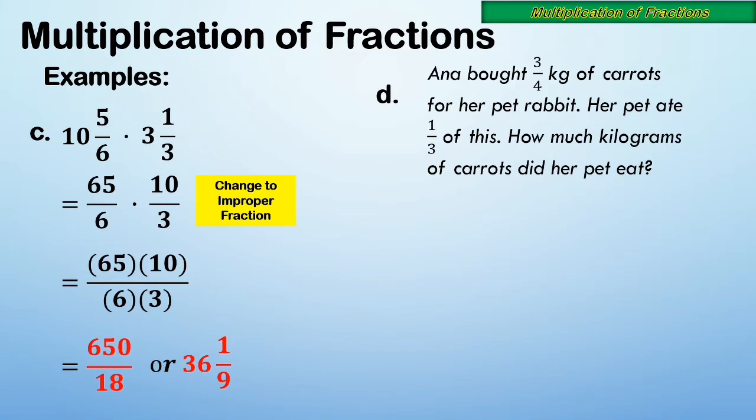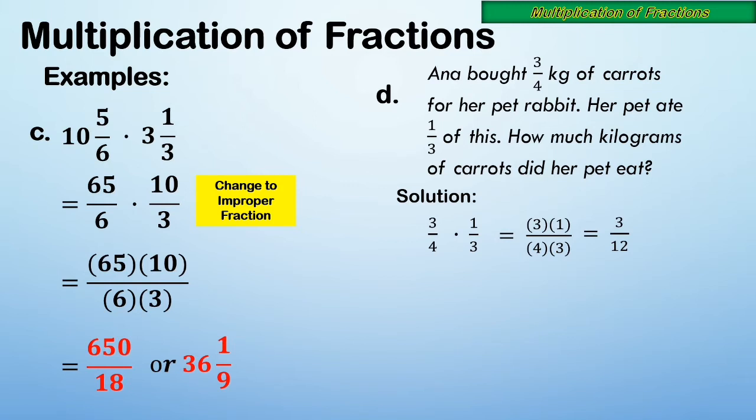You can answer that using multiplication. 3/4 kilograms of carrots times 1/3 na kinain ng kanyang pet, multiply, then 3 times 1 all over 4 times 3. 3 times 1 is 3, 4 times 3 is 12.